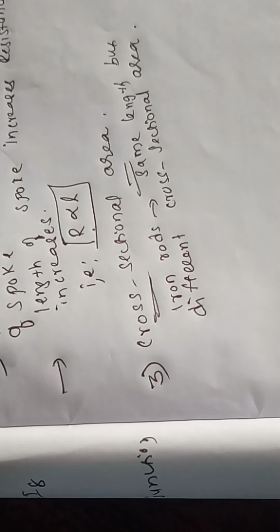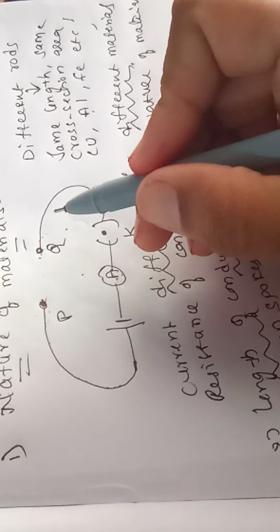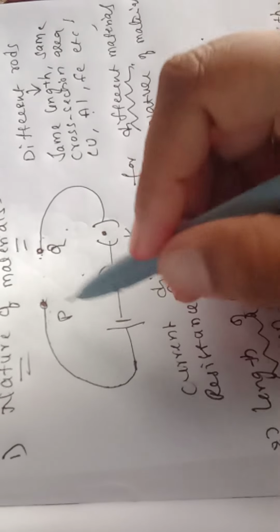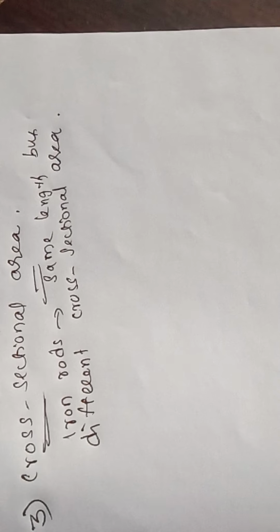Now as usual, connect one of the iron rods in this PQ gap and make the circuit. As usual, note down the current using an ammeter in the notebook. Similarly, repeat the experiment for other iron rods and see how the current is changing.